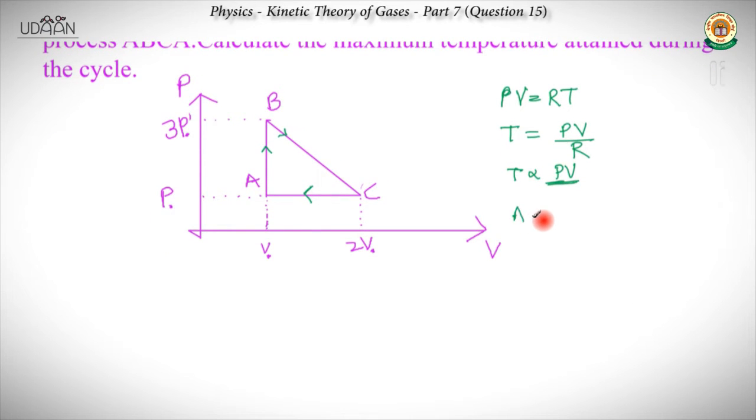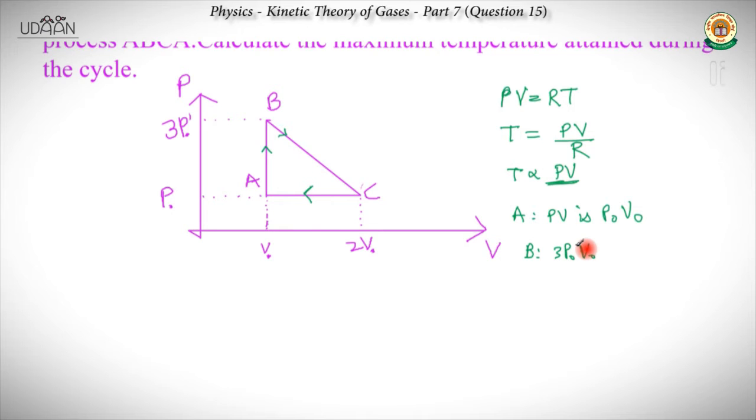At A, PV is P naught V naught, and then when we go from A to B, the volume is V naught, it remains constant and pressure increases. So in the process AB, the maximum PV value will be found at B, and there it will be equal to 3 P naught V naught. Note that we are just comparing PV because that is directly related to temperature. We divide PV by R and we get the temperature.